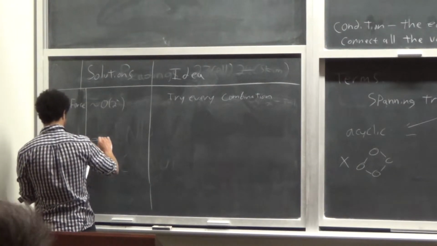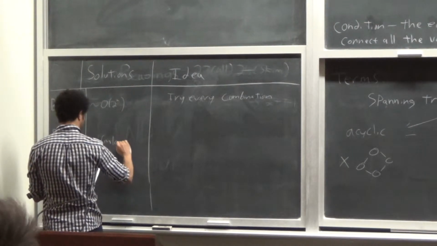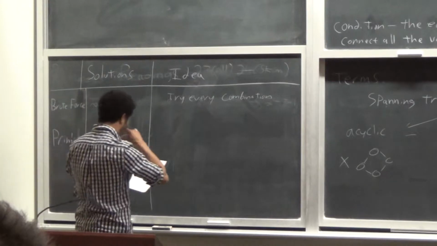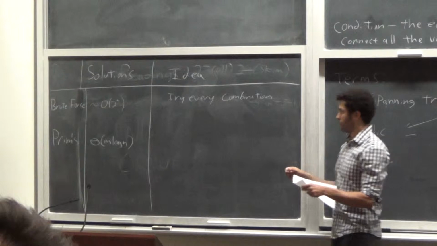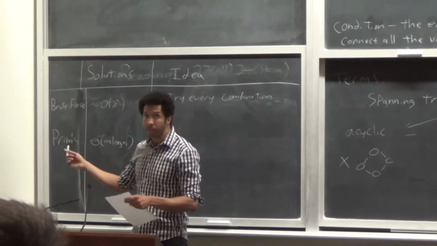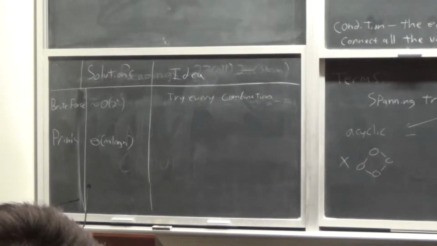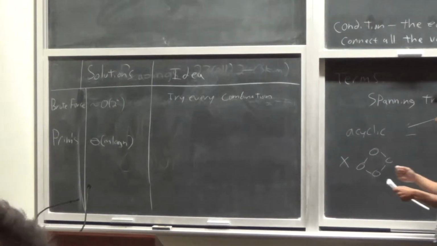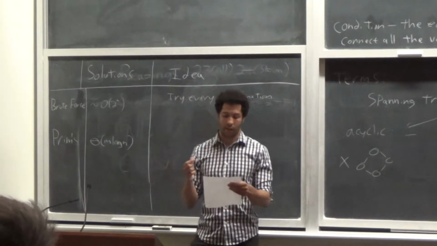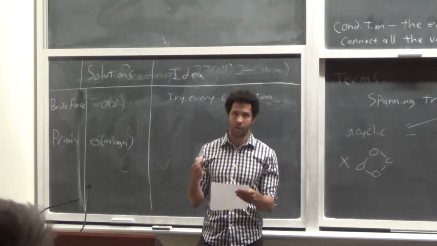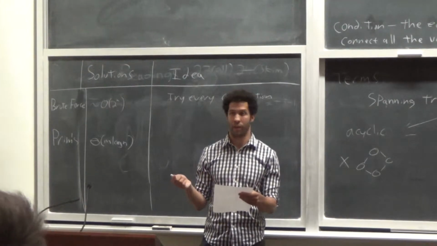It turns out that that's around theta of m log n. The general idea with Prim's algorithm is that if we have a graph, we want to keep adding the closest next item as we traverse through the graph.